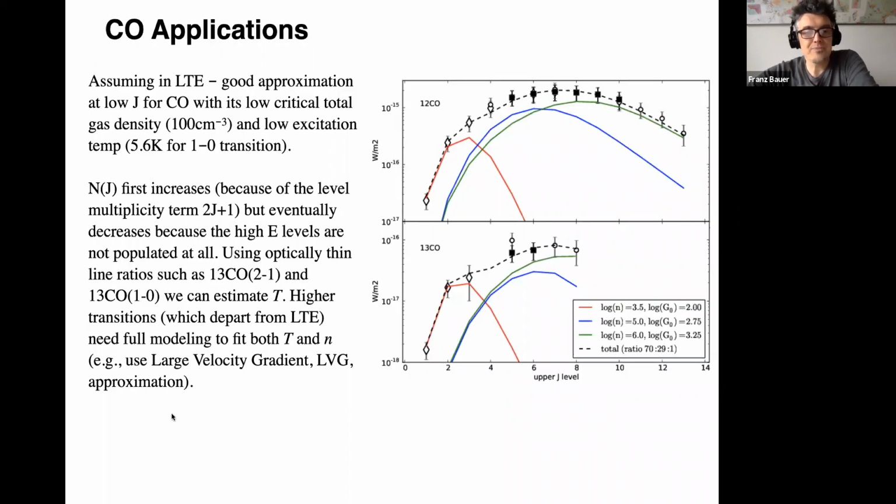This sort of modeling can be done in a departure from LTE, but you need to model both the temperature and the density. This approximation is often called the large velocity gradient, or LVG approximation. And so you'll see this in various places.